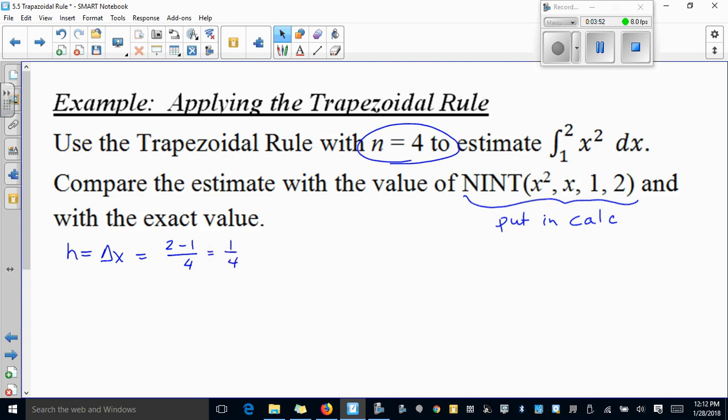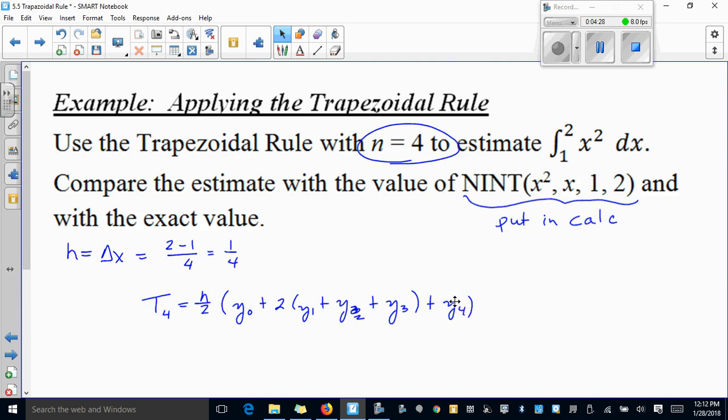The trapezoid 4 is going to give you h over 2 times your first y value plus 2 times your second y value plus 2 times the third y value plus 2 times the fourth y value, plus your last one. Keep in mind that this is 4 intervals, but notice you're going to have 5 items in here.